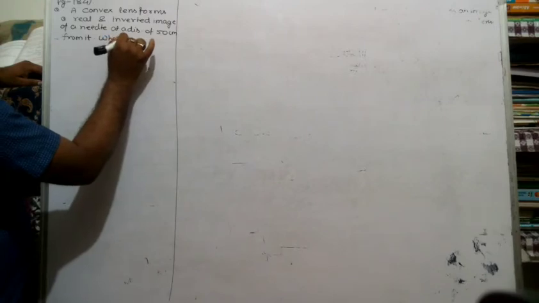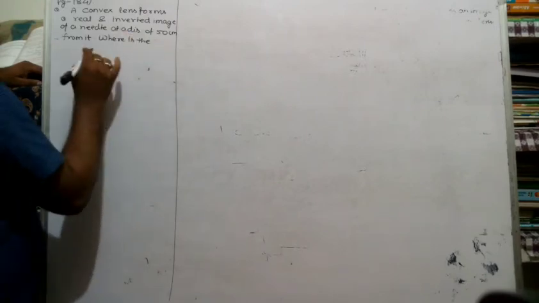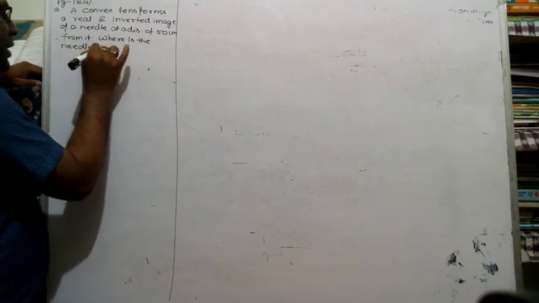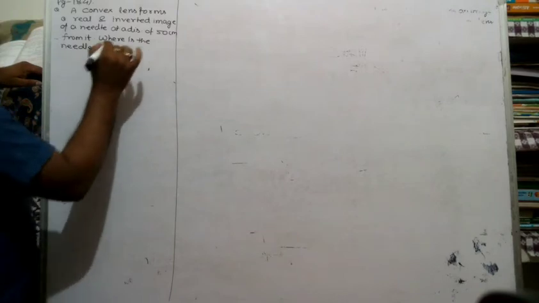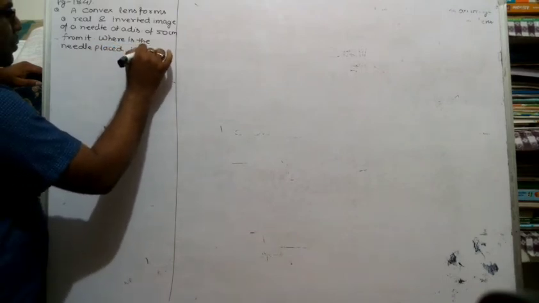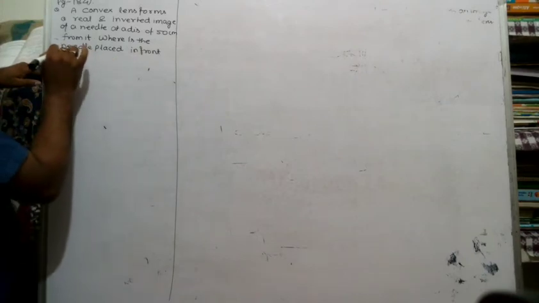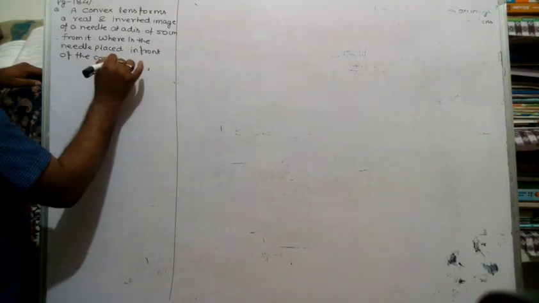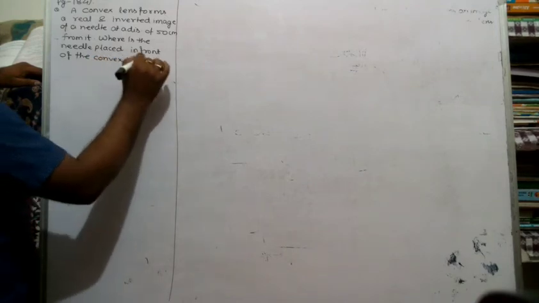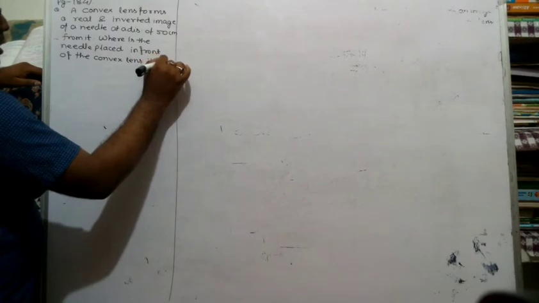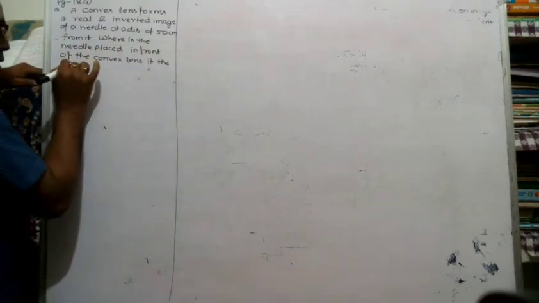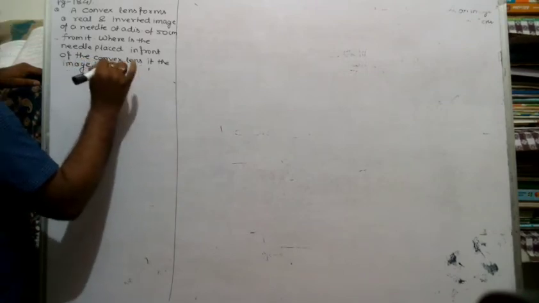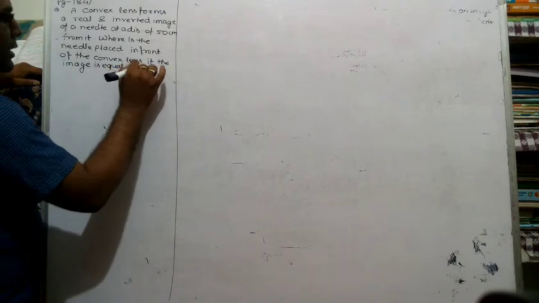Where is the needle placed in front of the convex lens, if the image is equal in size to the object.